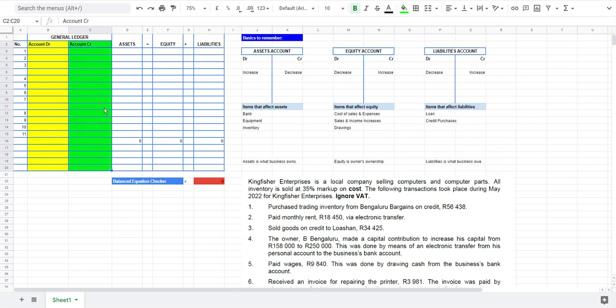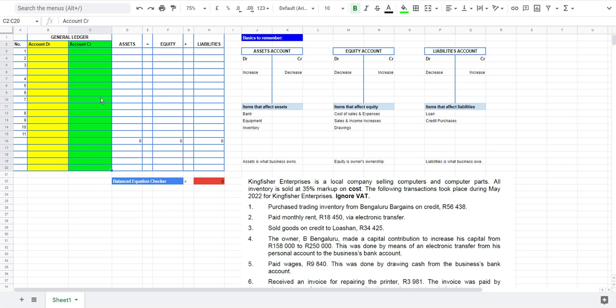So if you're receiving money in your bank, then you'll have to debit the bank because it's an asset account. However, if you're buying something on credit, then your liabilities are increasing. You will record that under creditors control, where you record all things that you bought on credit.